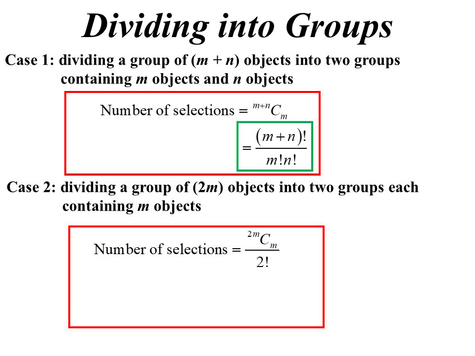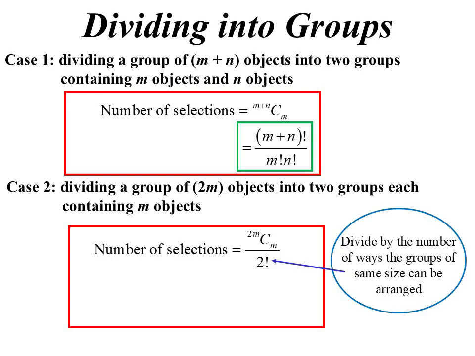So if they are the same size groups, I need to divide by the number of groups, factorial. So we divide by the number of ways the groups of the same size could be arranged. So I actually end up with 2m factorial on m factorial, 2 factorial.